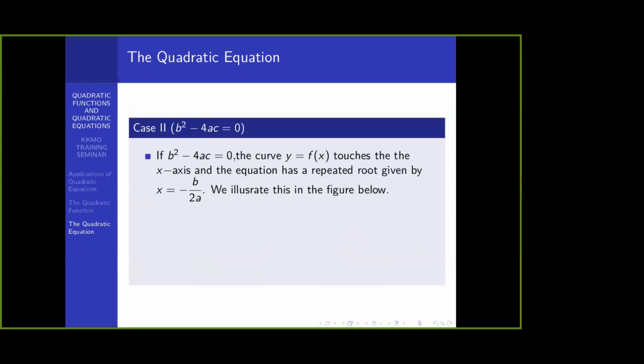So the second case we look at is when b squared minus 4ac is equal to 0. And when this happens, the curve basically touches the x-axis at exactly 1 point, and that's the repeated root. So the term under the square root, b squared minus 4ac, vanishes, and we're only left with x equal to minus b over 2a.